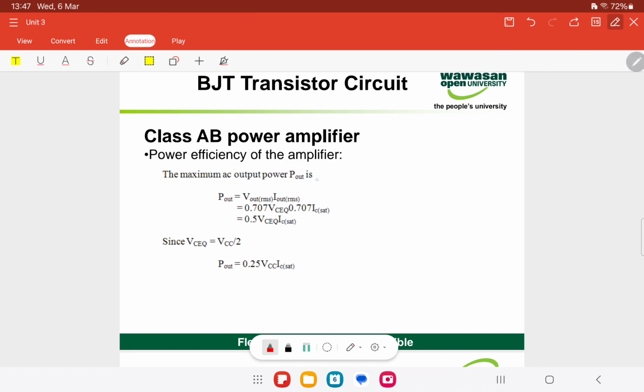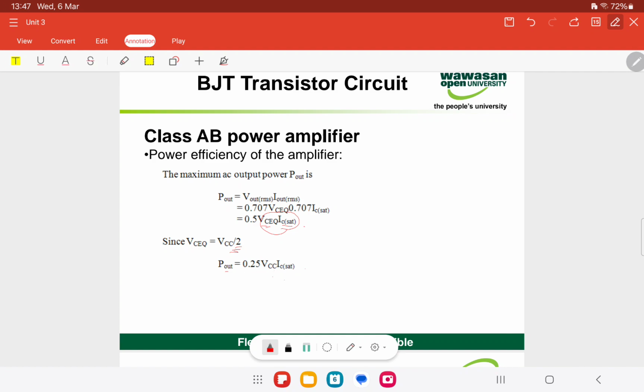This is the analysis for the class AB power amplifier. For the power efficiency, we have the maximum AC output power P out, with V out RMS a fixed value. Just the changes in VCEQ and IC saturation. Since we know the VCEQ value, P out is 0.25 VCC IC saturation.